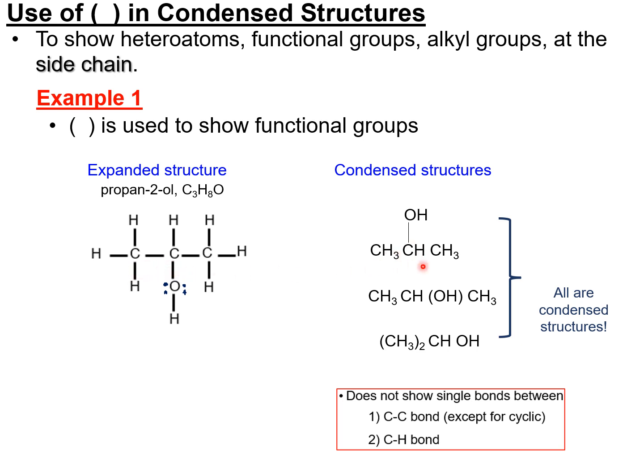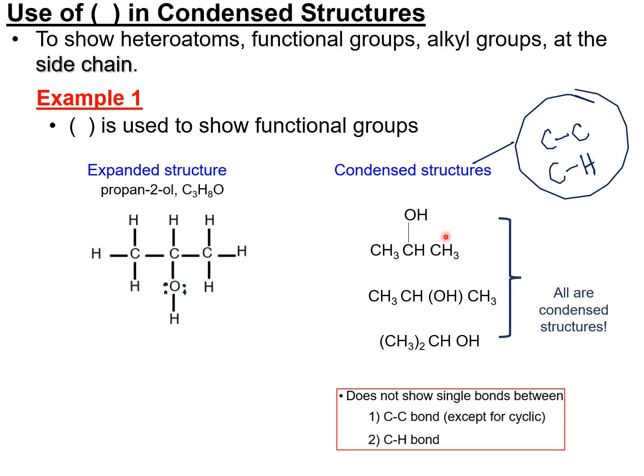Terus buat C and then H. Okay, OH ni kita kena show. Kita tak boleh condensekan dia. Benda yang boleh condense hanyalah carbon single bond dan juga carbon hydrogen single bond. Dua benda ni sahaja yang you boleh condense. Okay? So that's why kita show kewujudan OH kat situ.